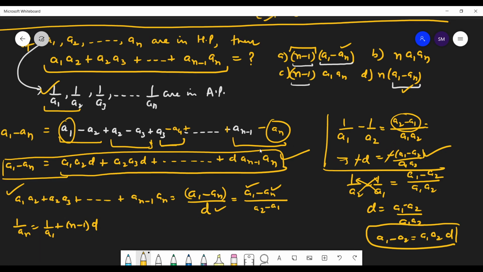This d we have already put the value, so using the same value again is not going to help us. From here we can find the value of d. So instead of using this value we have already used here.